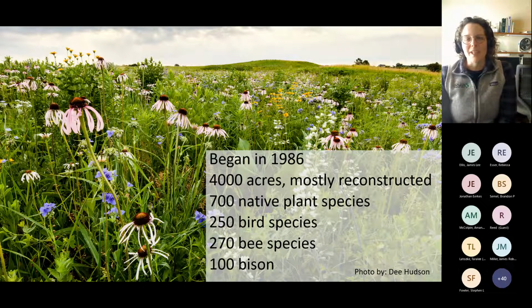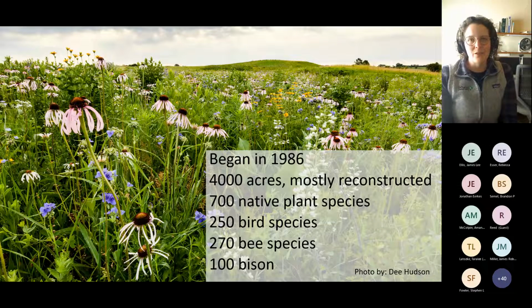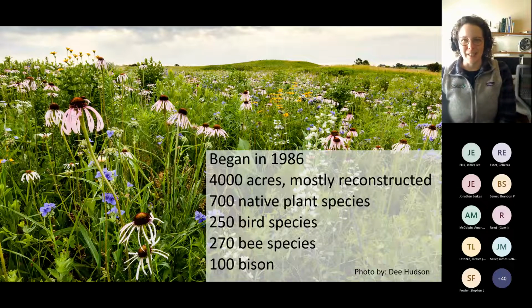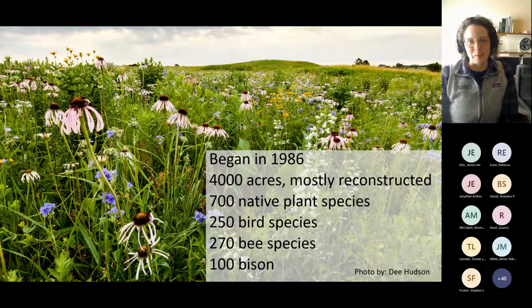The preserve is home to over 700 native plant species, 250 bird species, 270 bee species, and yes, that is a lot of bees, and a herd of 100 bison, which were reintroduced in 2014.